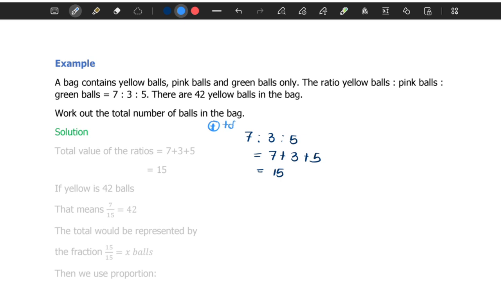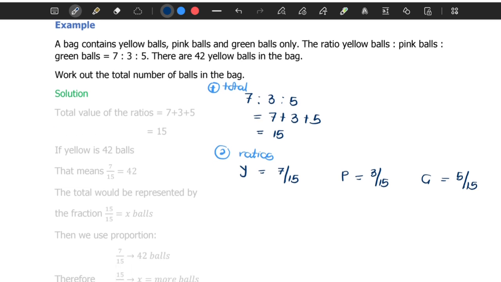First thing, get the total. Second thing, ratios. To remember what you have. So we have yellow being 7/15, pink being 3/15 and green being 5/15, right?